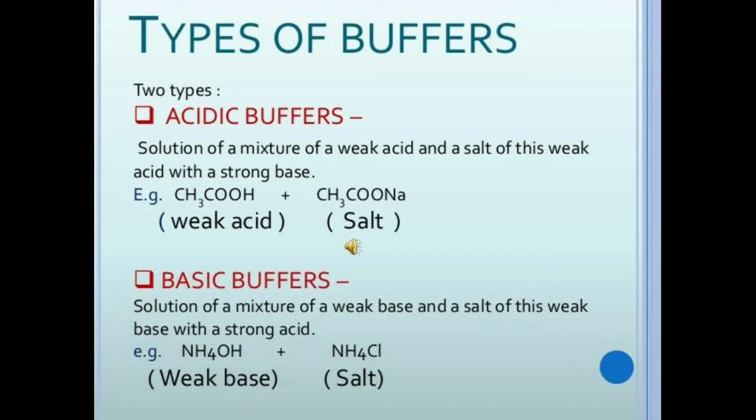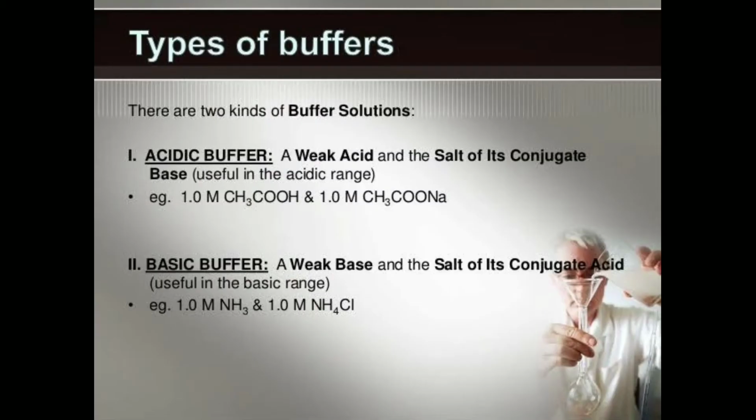The reaction nearly goes to completion because CH3COOH is a weak acid and its ions have a strong tendency to form non-ionized CH3COOH molecules. Due to the removal of most of the added H+ ions, there is no appreciable decrease in pH.